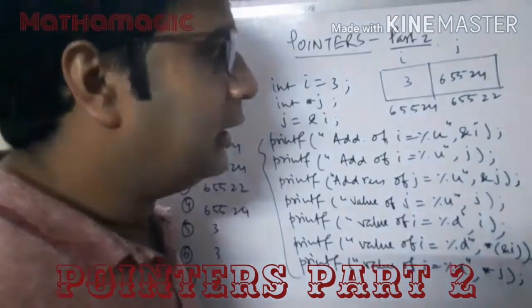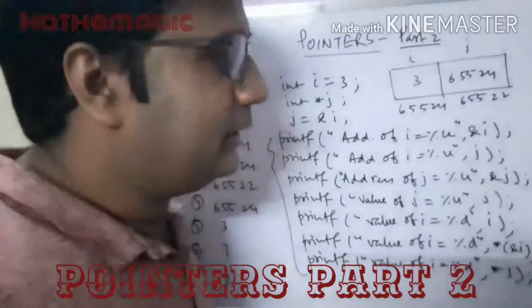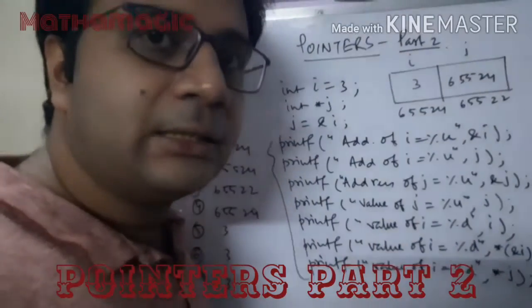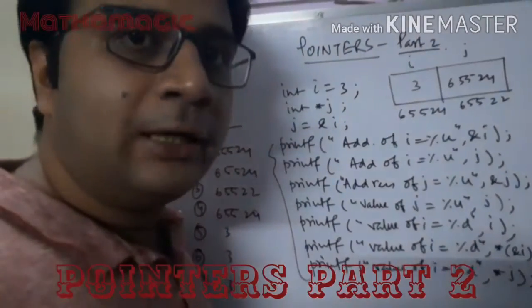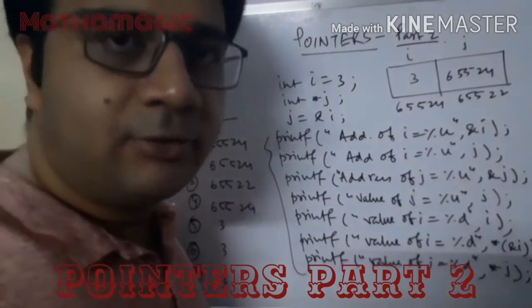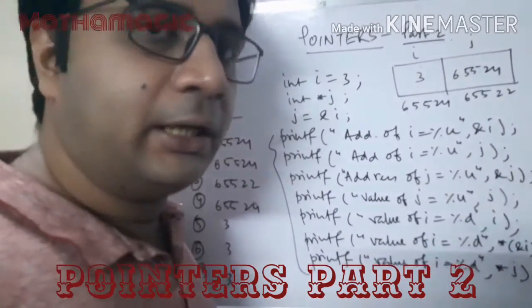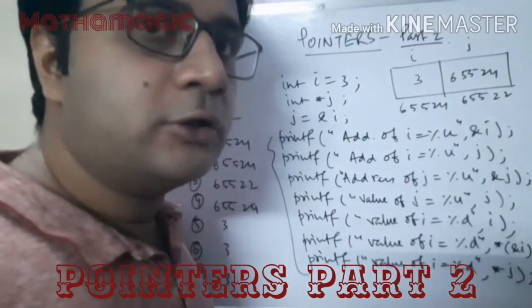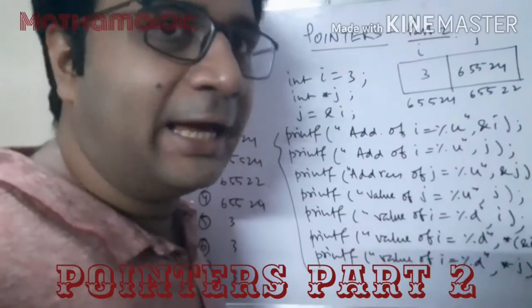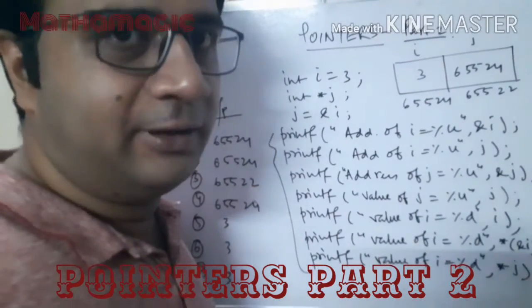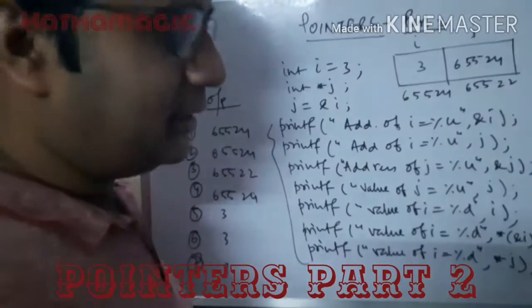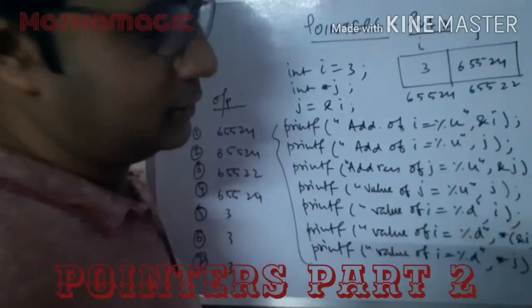Signed integers can hold both positive and negative values, whereas unsigned integers can hold only positive values. In case of a pointer, the address of any type of variable can never be negative, so it will always be positive. So when printing the address of any variable, we have to use unsigned integers. That is why it is written here as %u.